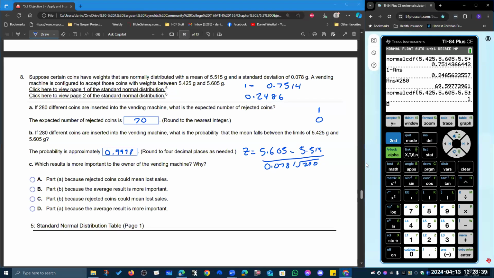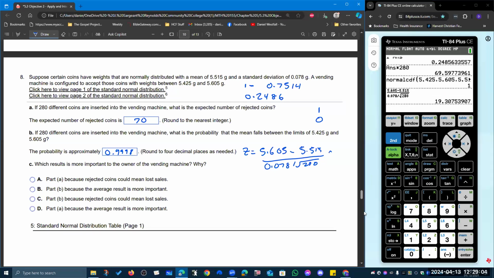So I'm going to type that into my calculator here, 5.605 minus 5.515 over 0.078 divided by the square root of 280. And this is approximately 19.3.